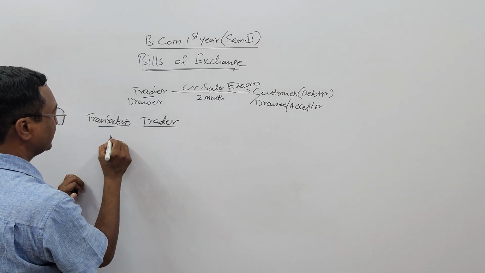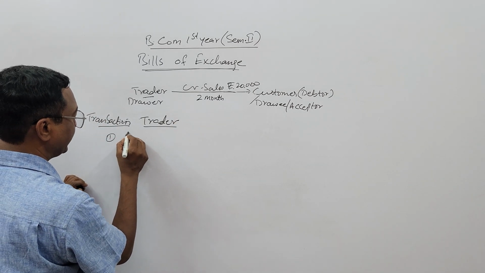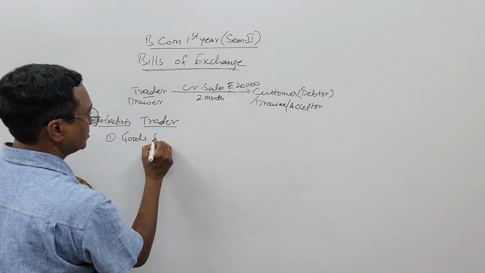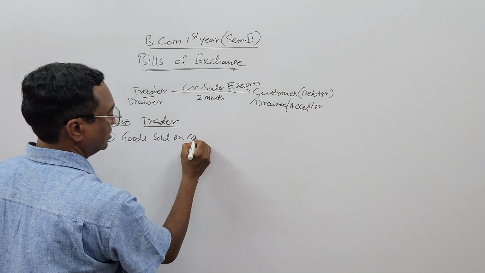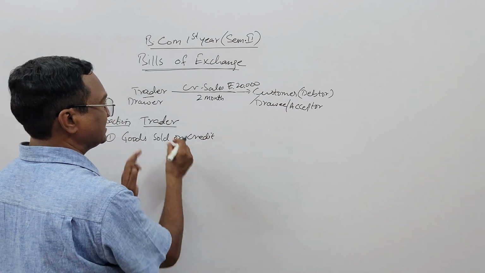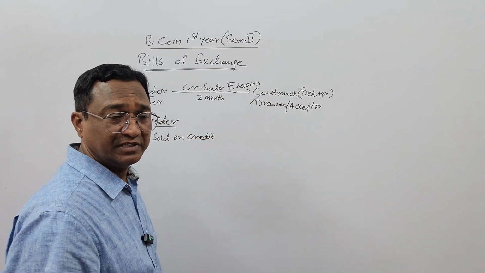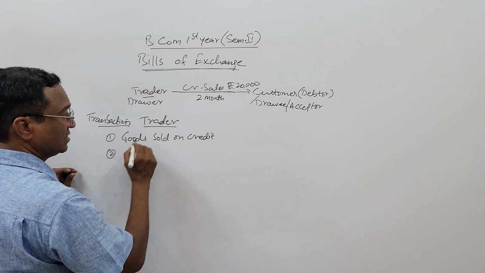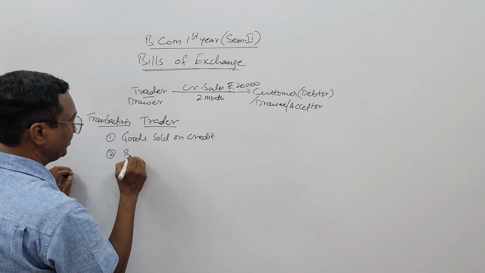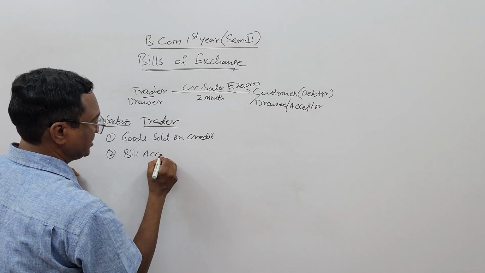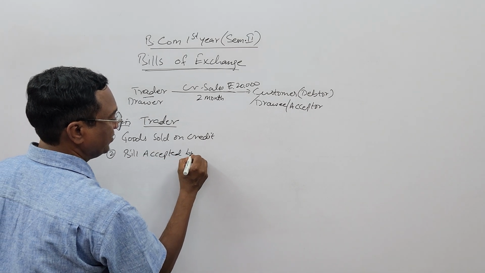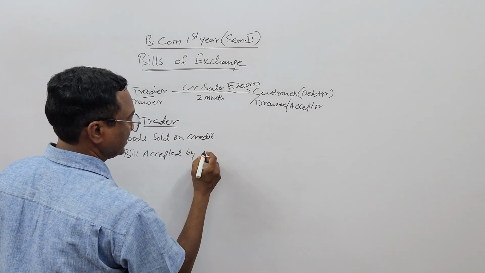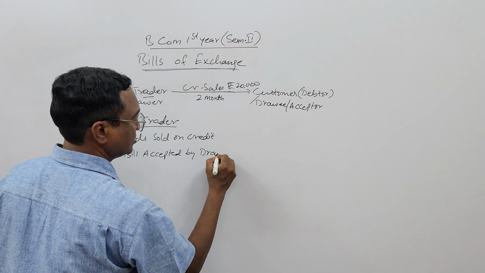First, the trader sells goods on credit. Goods sold on credit. This is your first transaction, which happens with the customer. That means he is a debtor here. Second, what happens is he accepts the bill. Bill accepted by the customer, or we can call him the drawee.